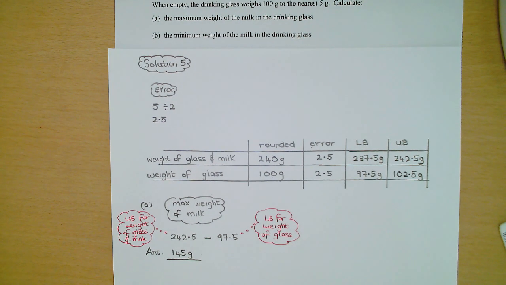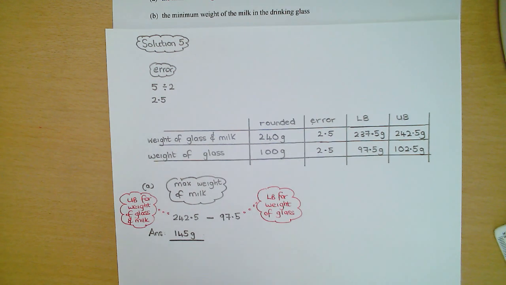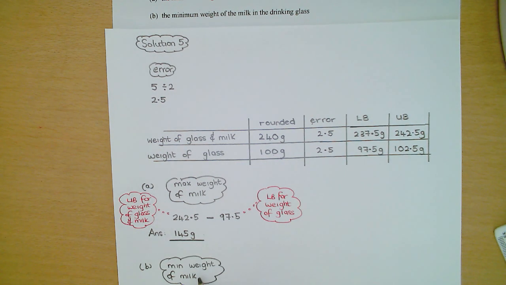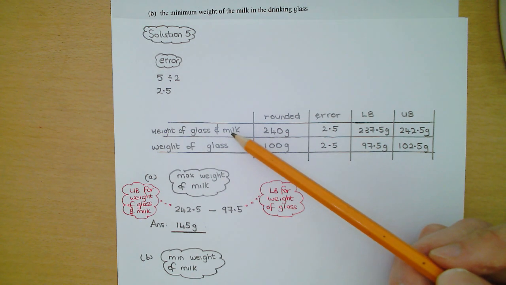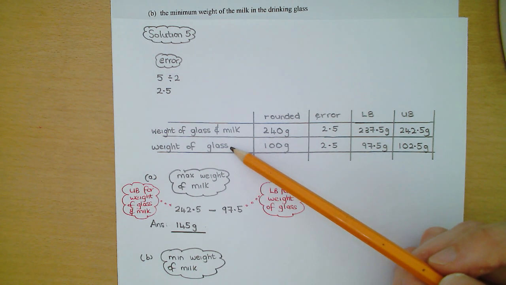Okay, part B then. What is the minimum weight of the milk in the drinking glass? So again, in general, to get the weight of the milk, we have to start off with the weight of the glass and the milk and then subtract the weight of the glass.